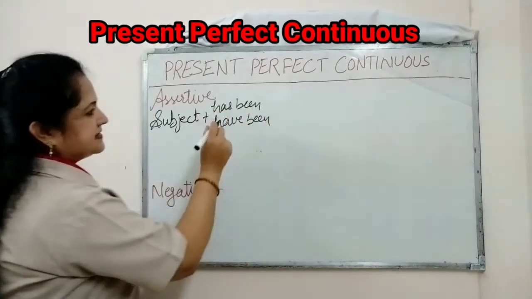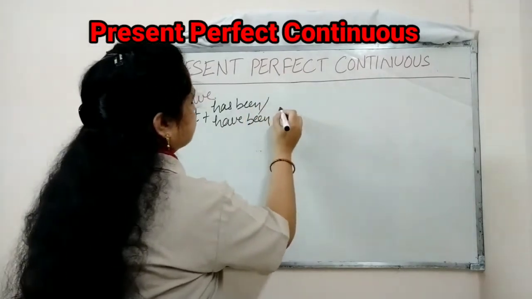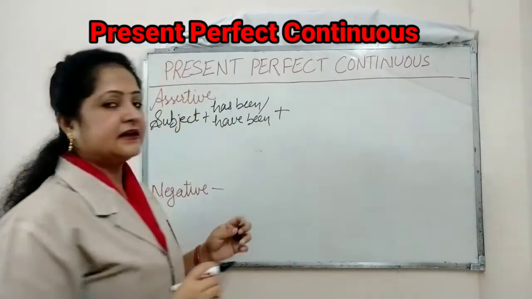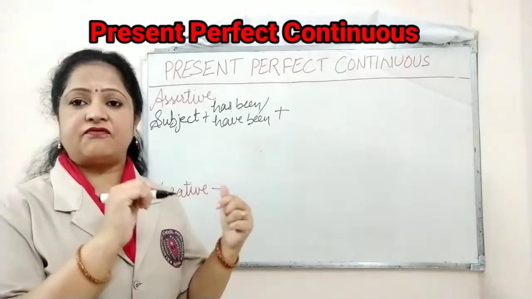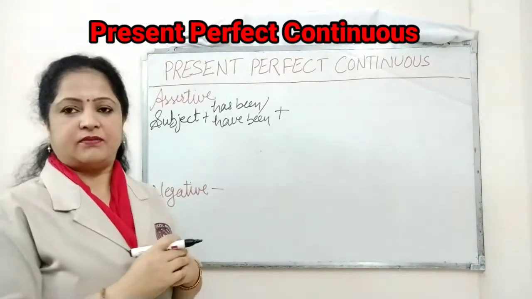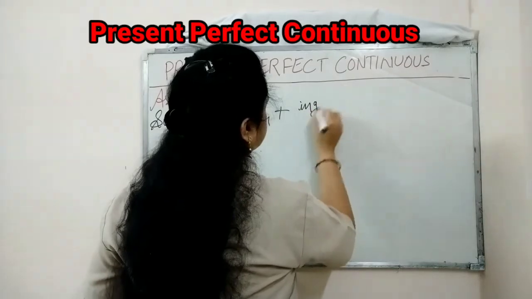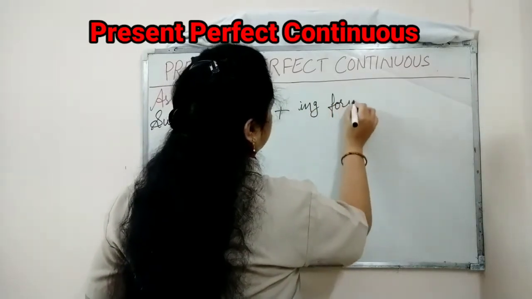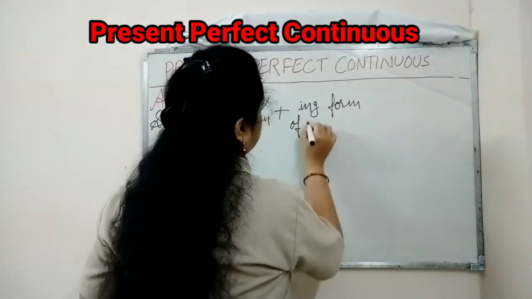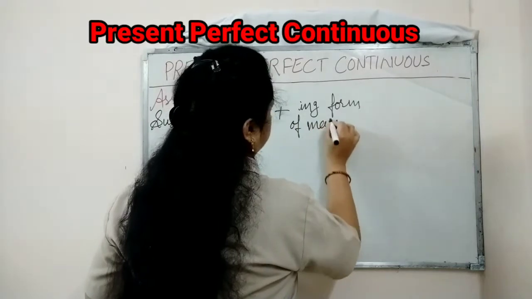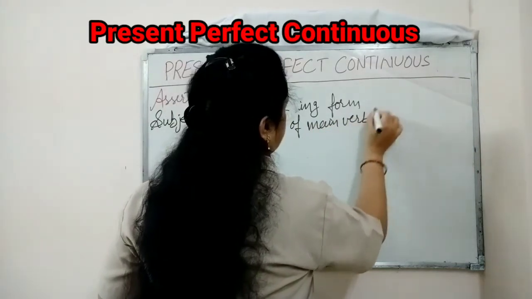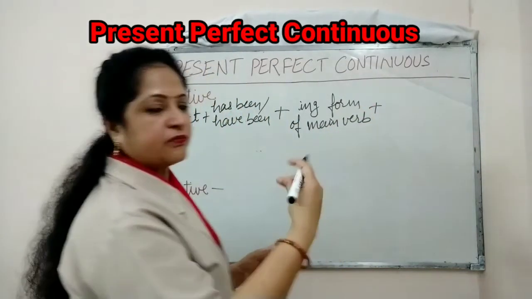And after has been or have been, next we write the ing form of the main verb, and after that we write the object.